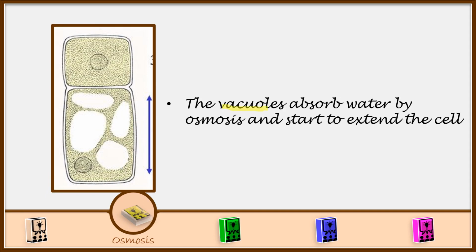The vacuoles absorb water by osmosis and start to extend the cells. So when these vacuoles which have been formed absorb water by osmosis, they are going to start extending the cell. So the cell will be growing and being pushed by the pressure exerted by the vacuole after absorption of water by osmosis.